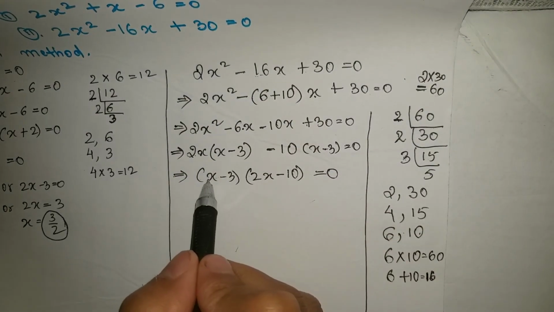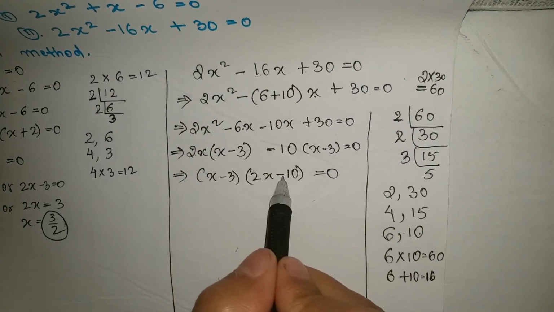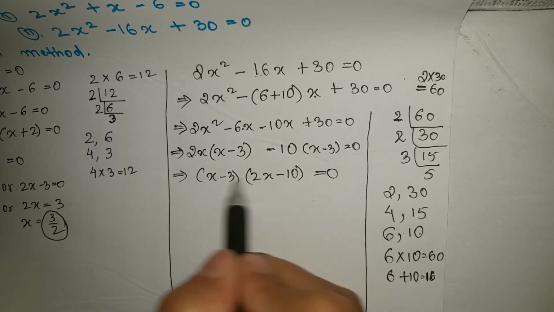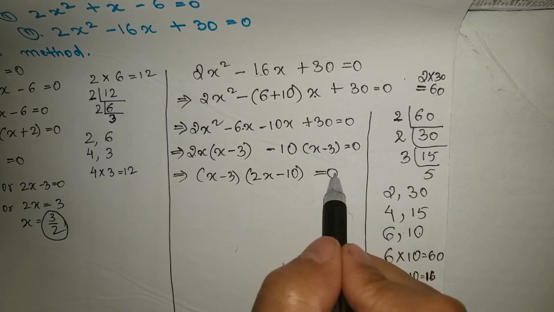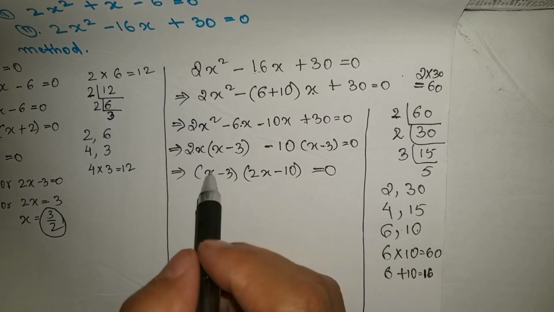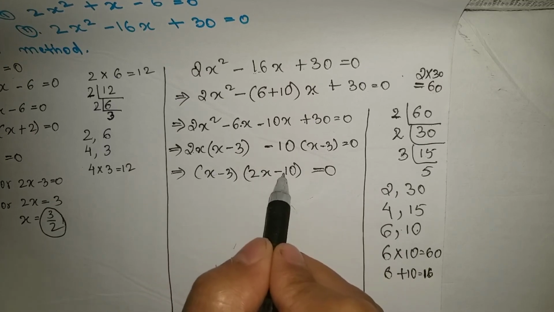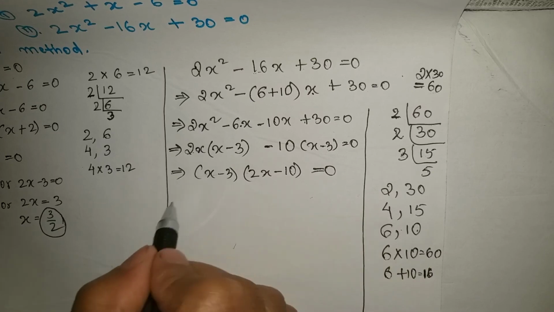The factors are x minus 3 and 2x minus 10. Here, the product of these two factors is equal to 0. So either x minus 3 should equal to 0 or this term 2x minus 10 should equal to 0.